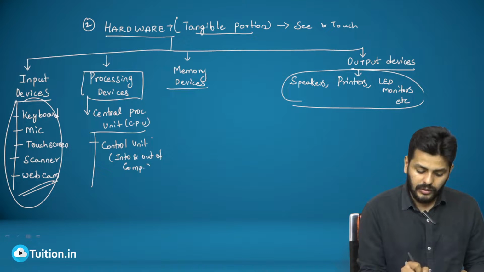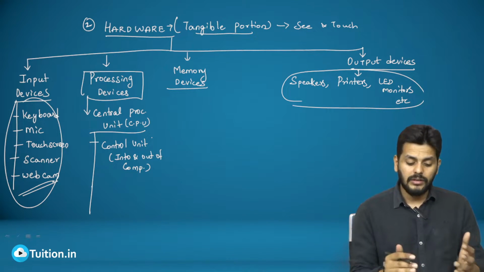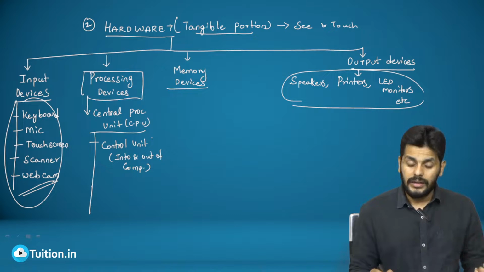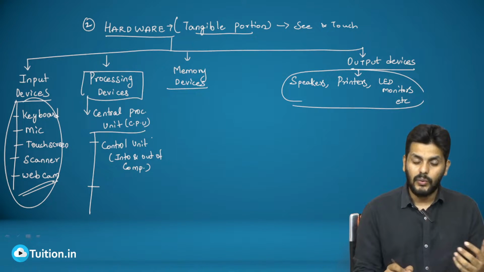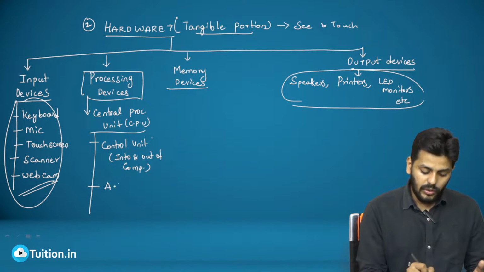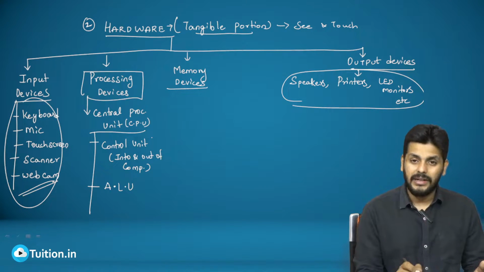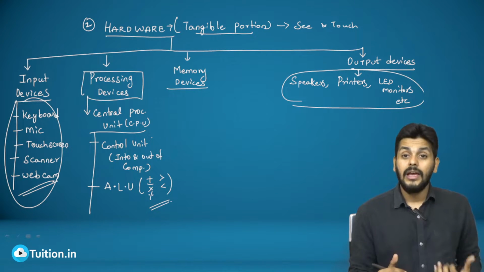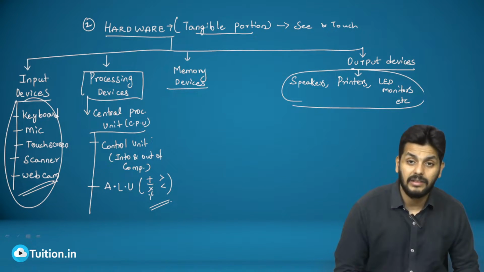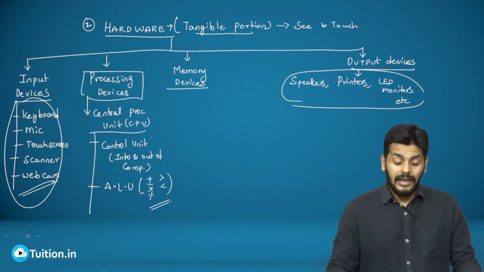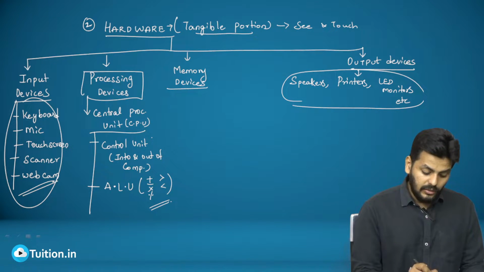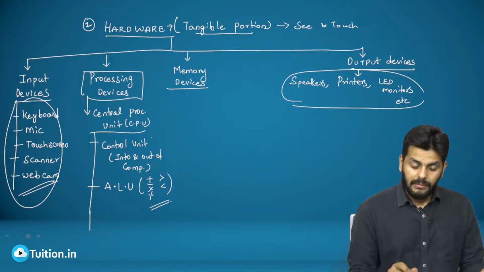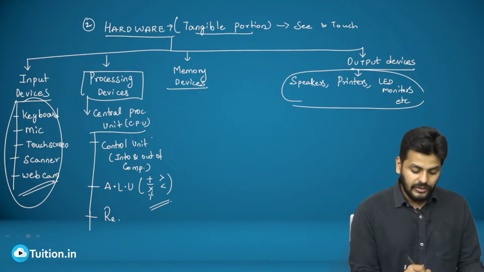What goes into the computer, what comes out of the computer, that is what the control unit is taking care of. Then you obviously know one of the basic units, the ALU, or the arithmetic logic unit, which does addition, subtraction, multiplication, division, greater than, less than. All these activities, predominantly all the mathematical functions, are taken care of by the ALU. And then coming to one of the most important memory devices, which are called registers.